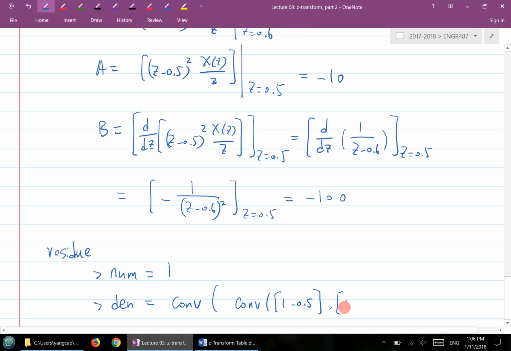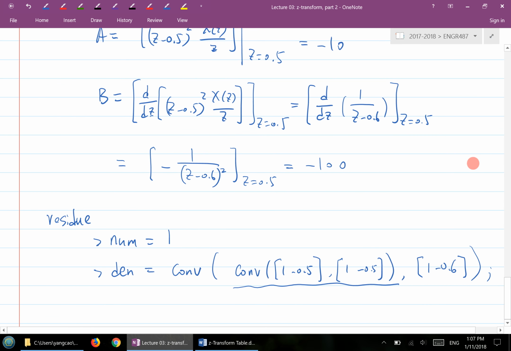You multiply the term by itself, so this convolution gives you z minus 0.5 to the power 2. Once you get this, you do another convolution with 1 and negative 0.6, and that's how you get your denominator.